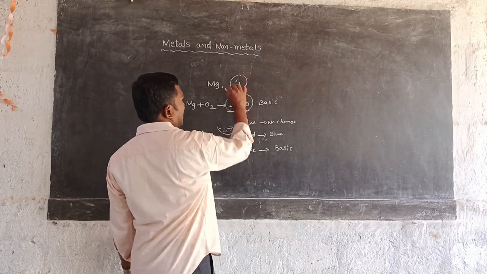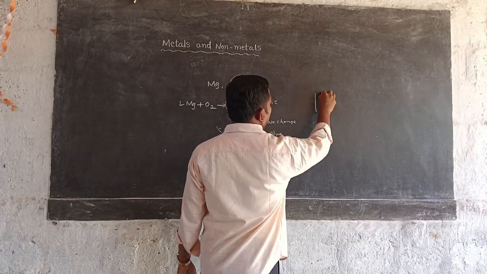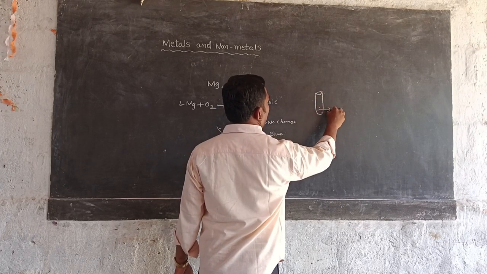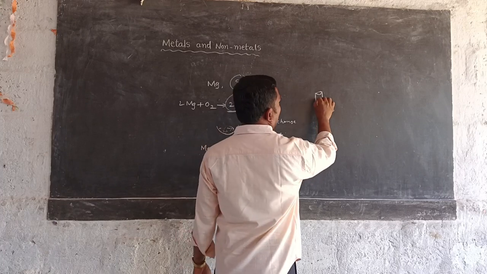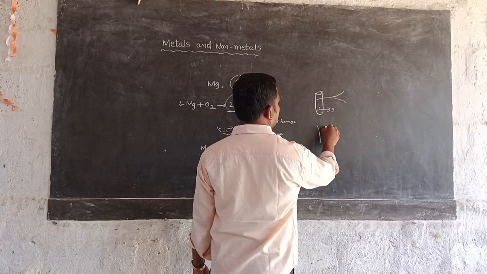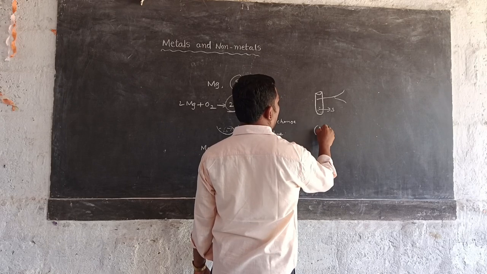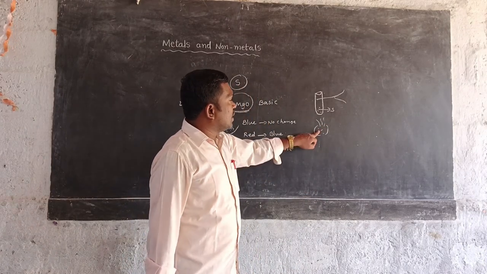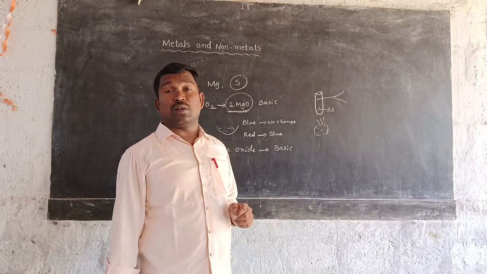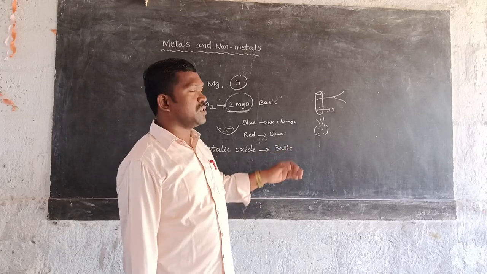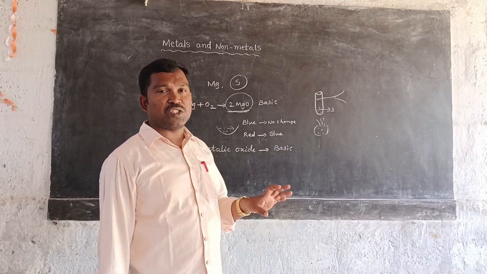Next one, take sulfur powder in a test tube. Now hold this test tube with the help of tongs and place it on the flame of the Bunsen burner. The sulfur powder burns and gives fumes. Collect these fumes.